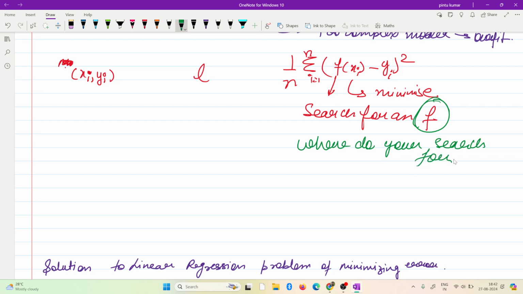Can you search over all possible functions that you have? The answer is no, right? You can't search over all possible functions. So what you do is you search over some limited space.